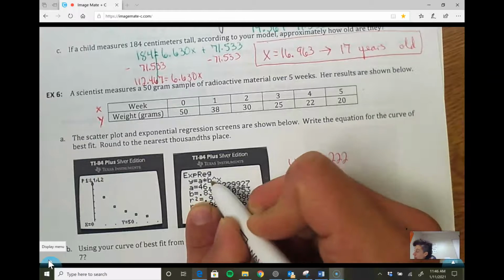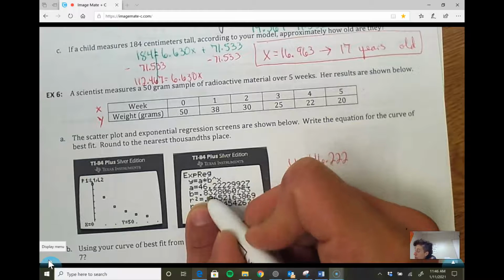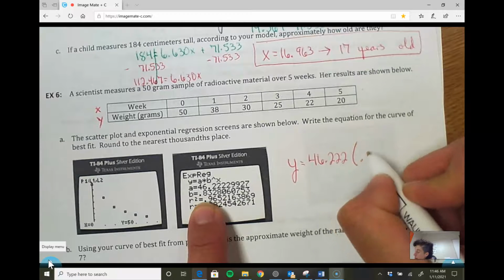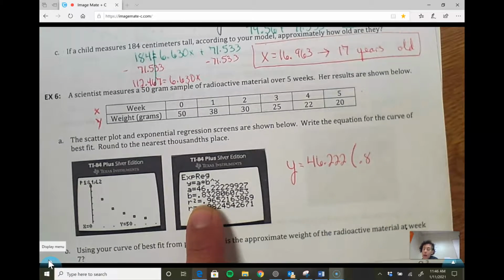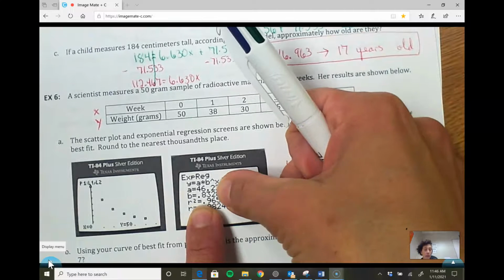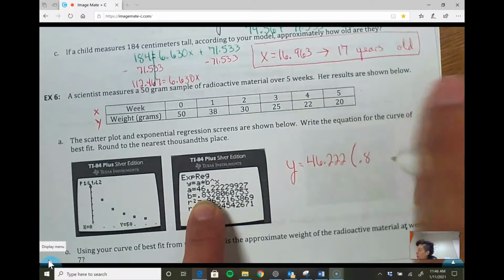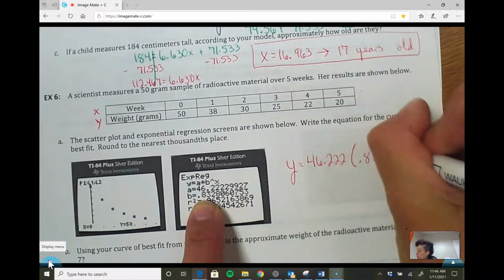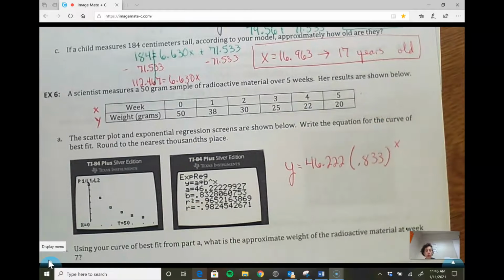And then what should be with the exponent in parentheses is this number. So again, I'm going to go 3 decimals behind. Now, this time when I go 3 decimals behind, see that 8? That's going to make the 2 round up to a 3. So it's going to become 0.833 to the x power. So there's my equation, okay?